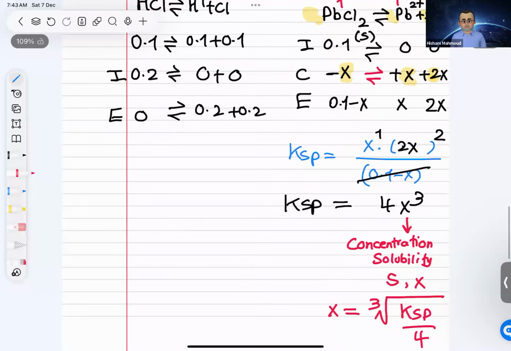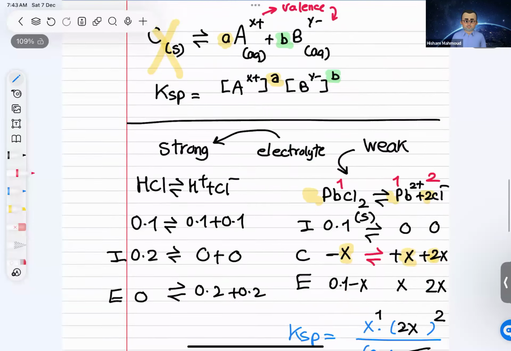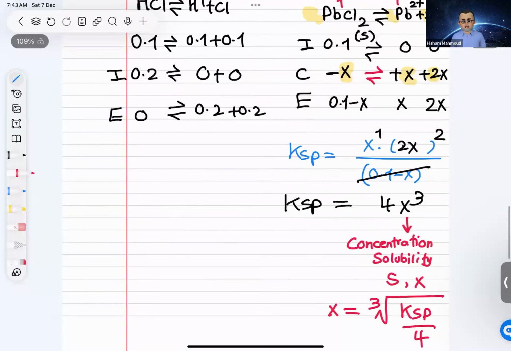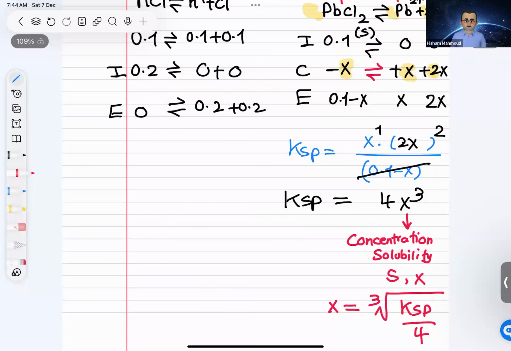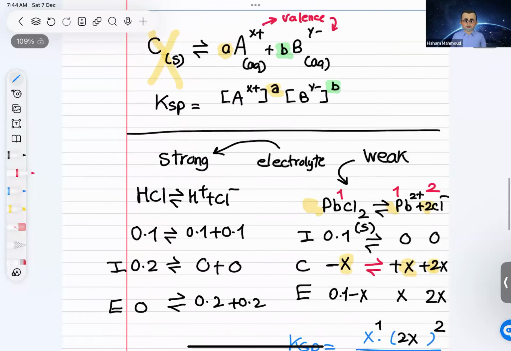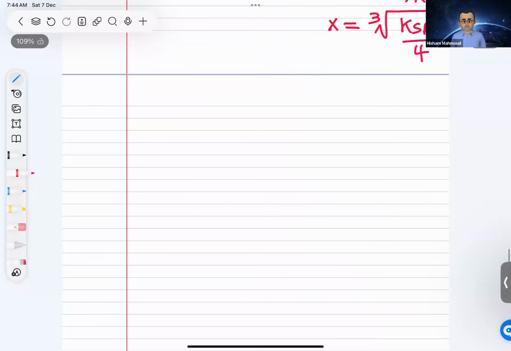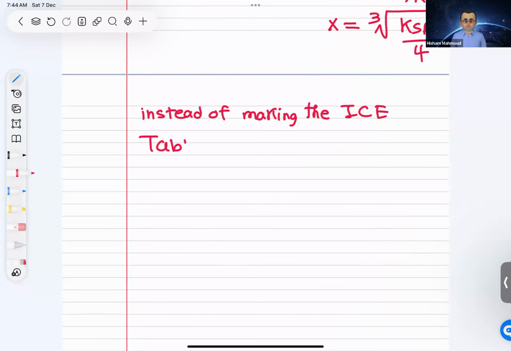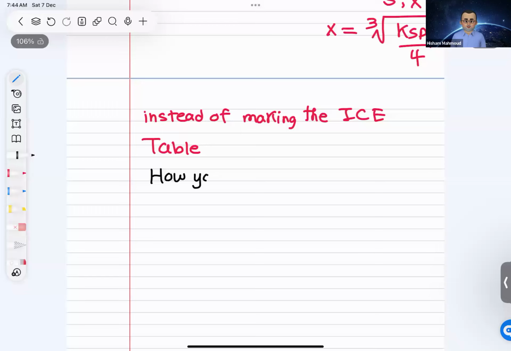We made a summary last time, and we said that instead of writing the ICE table every time, I can just divide my equation into types. Instead of making the ICE table every time for the solubility product, I can just memorize it. It depends on how your salt is going to break.